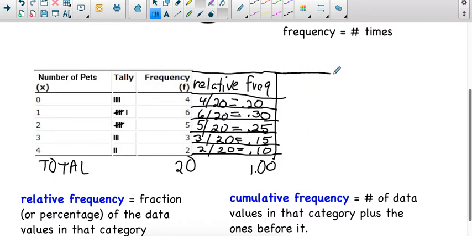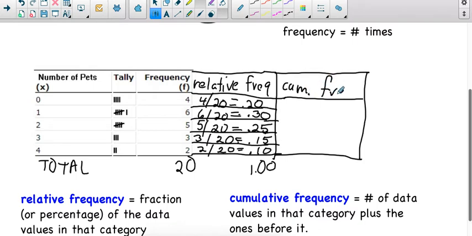It should always be 1. And then I'm going to add one more column over here. This column I'm going to call cumulative frequency.